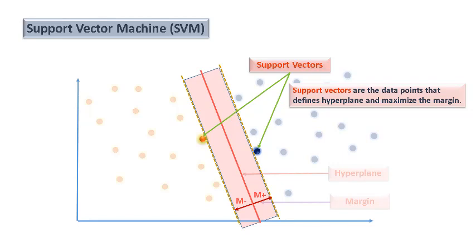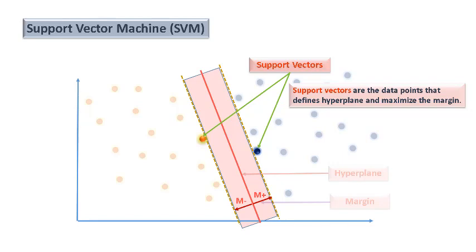Now what else do we have to do? The line in the middle is called the maximum margin hyperplane, or you can say the maximum margin classifier. In a 2D space we can say classifier, but in the multi-dimensional case we have to say hyperplane.